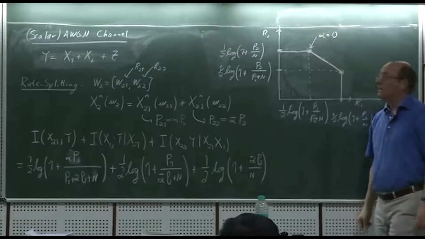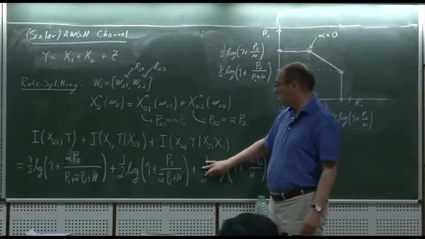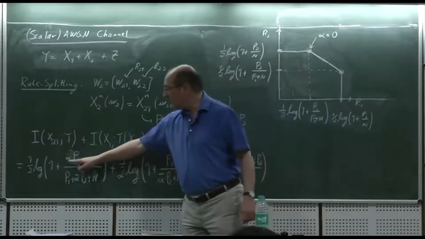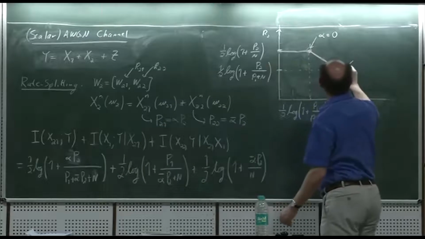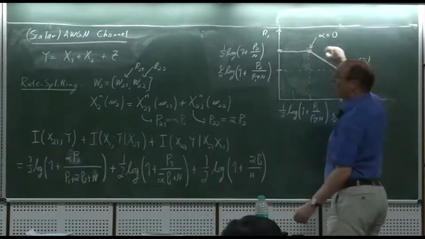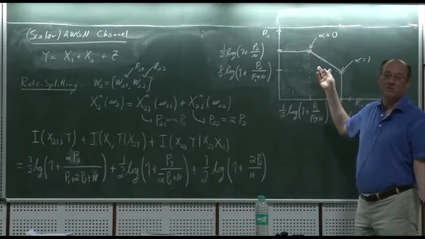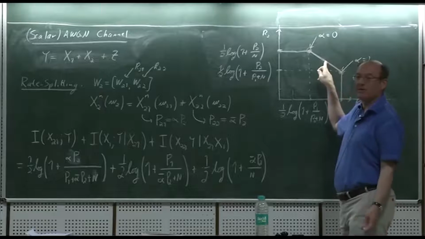If alpha is equal to 1, then this is 0, and we get P1 over n, and here we'll get P2 over P1 plus n. So then we're operating here. And if you go alpha in between, you can walk down that line because it has to be there, right? Because the sum is full. So alpha equals 1/2 if it was symmetric would get me right to the middle.